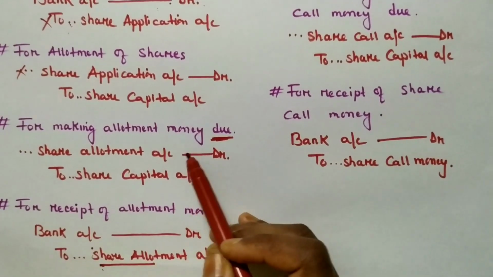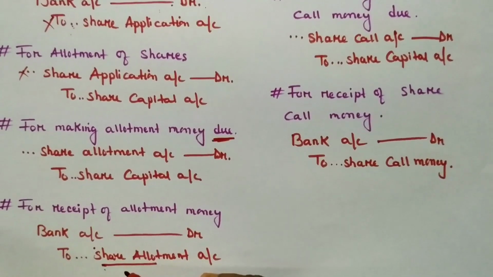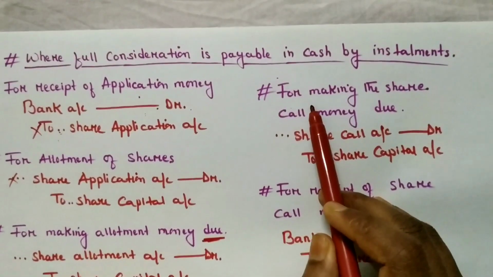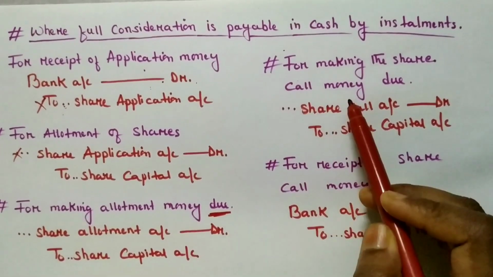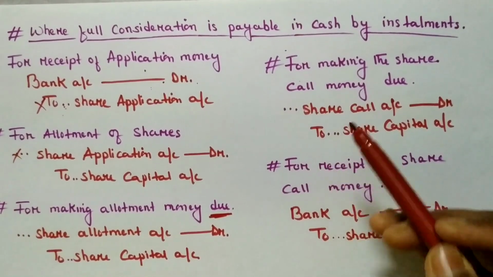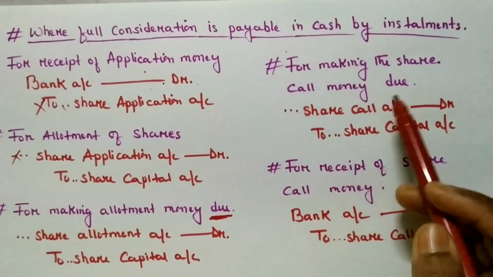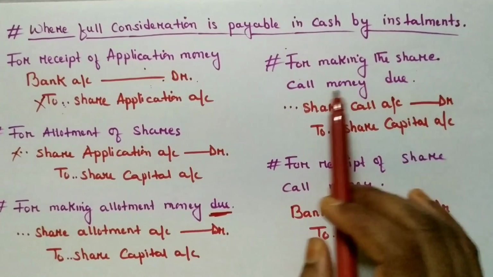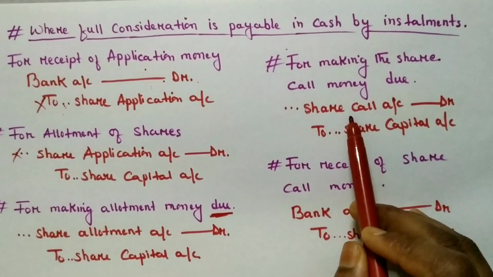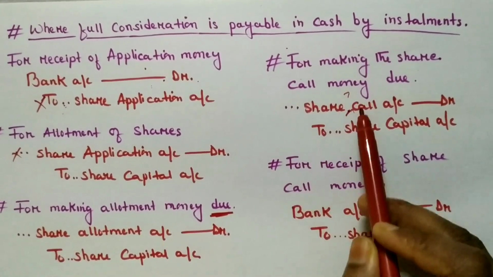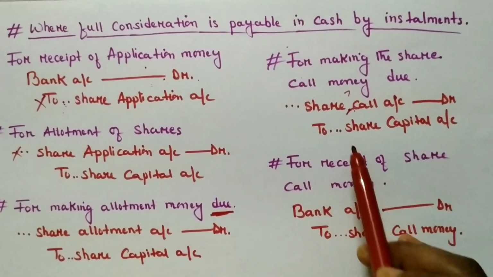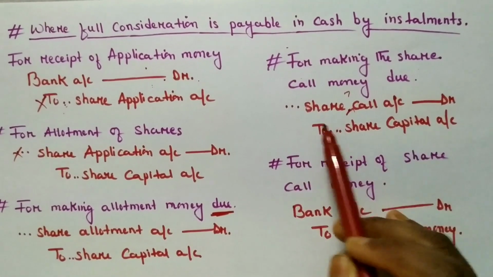Similarly, after the allotment money is received by the company, go for the calls. Now the company makes a call. If it is the first call, then write first call here. If second call, then second, if third, then third. Now for making the share call money due, share call account is debited and share capital account is credited, like the earlier one.